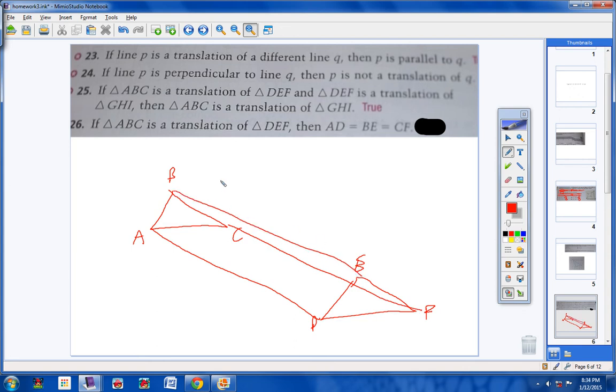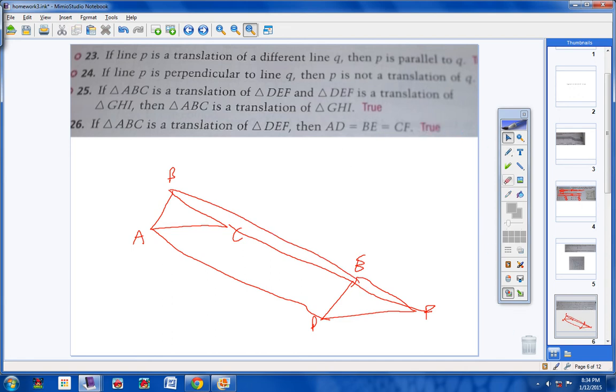So is that true? Yes, it's true, guys. Definitely, because remember, all these vertices moved the same distance down and over. So yes, AD is the same length as CF, which is the same length as BE. Okay, that is definitely true. Alright, let's continue on to the next problems here.